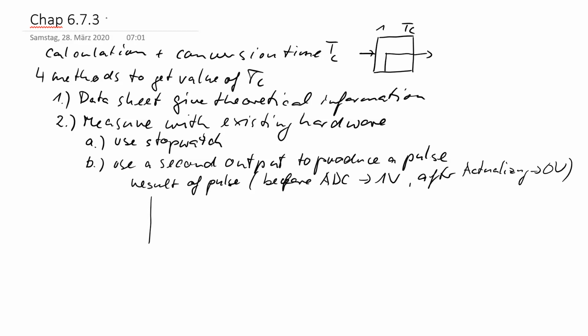Then if you have a scope, put your input of the scope to this output of your second output, and then you see a periodical pulse, where the period is your sampling time and where the pulse duration is a good estimation of the calculation time.